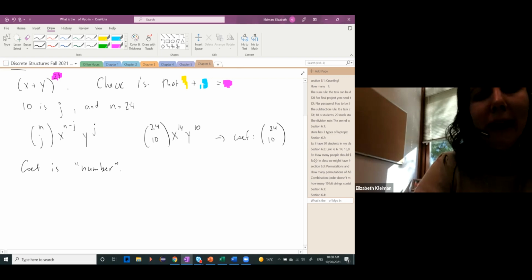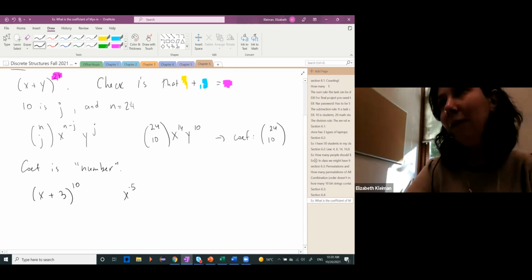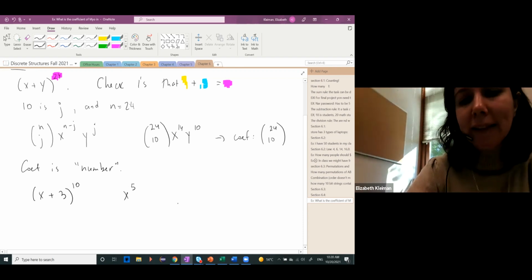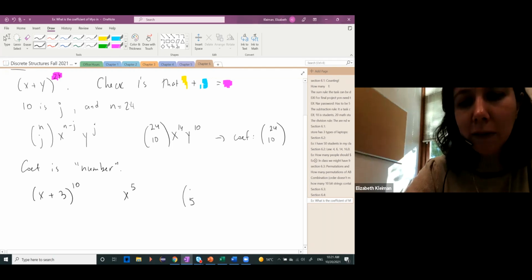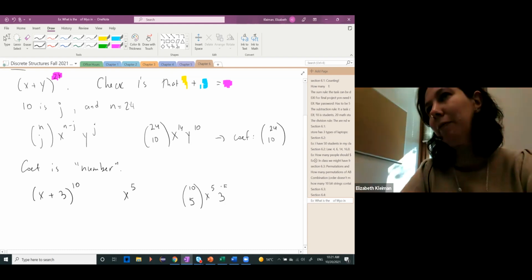So if in my case I had gotten something like (x plus 3) to the power 10, and what is the coefficient of x to the power, I don't know, 5? In this case, I would have gotten 10 choose 5, x to the power 5, 3 to the power 5.